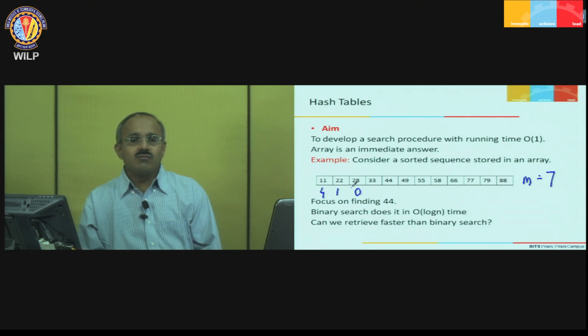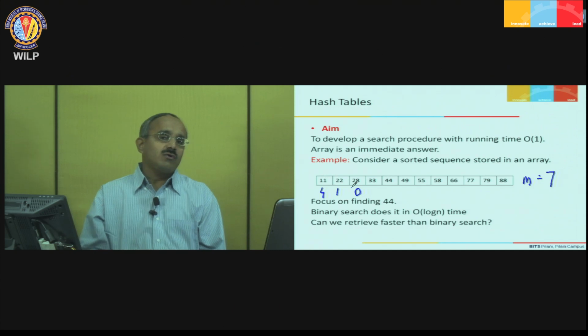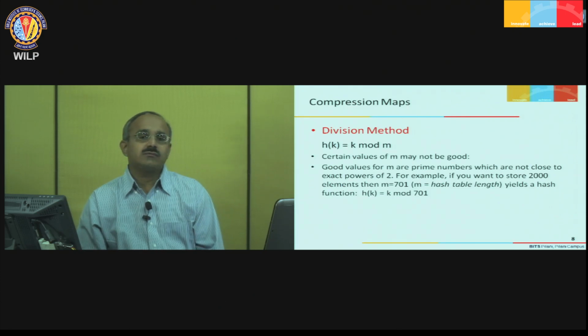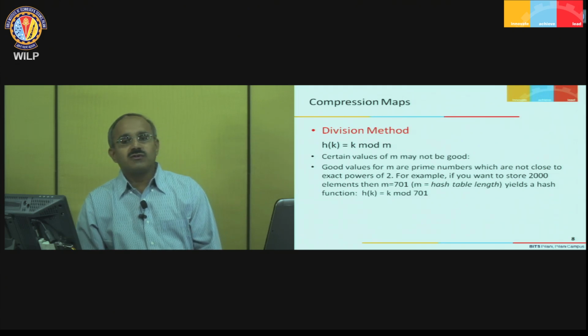So, when you are doing modulo m, you are dividing the number by m and looking at the remainder. The remainder, as we know, as you divide by m is going to vary from 0 to m minus 1. So, one of the popular hash functions is what is called the division method or the modulo function, in which typically m is chosen as a prime which is not near to a power of 2.